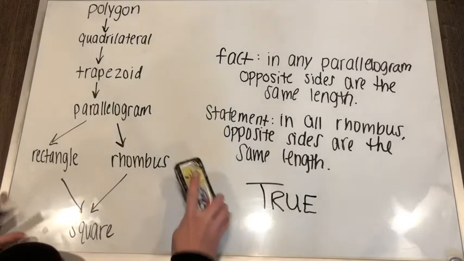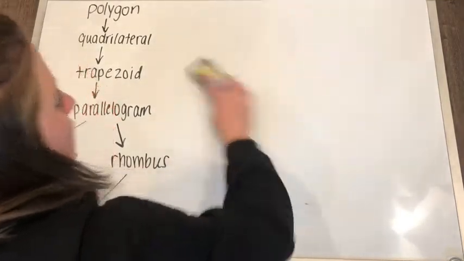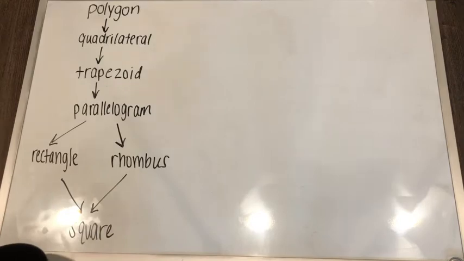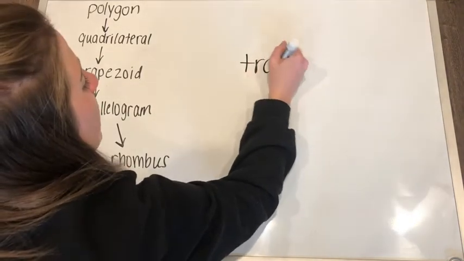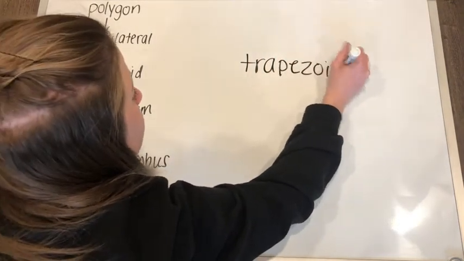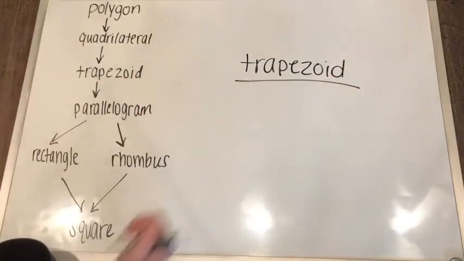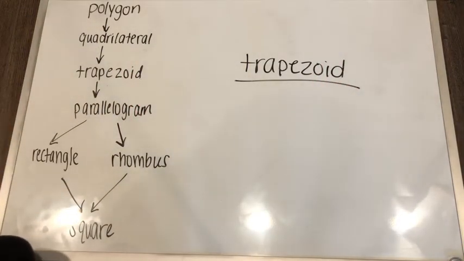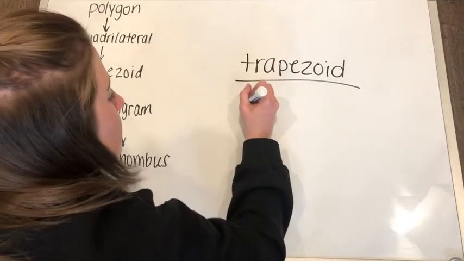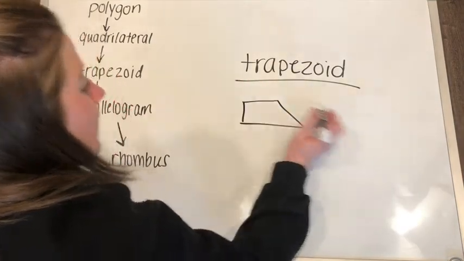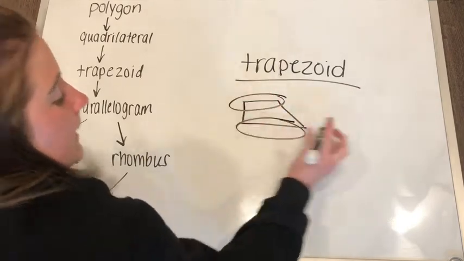Now you may be given something where you're asked to sort some different shapes and tell whether or not something is a trapezoid. So remember, a trapezoid is four-sided and has at least one pair of parallel sides. So is this a trapezoid? Well, here's one pair of parallel sides and it's four-sided.